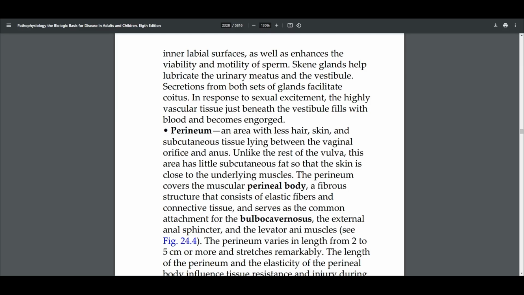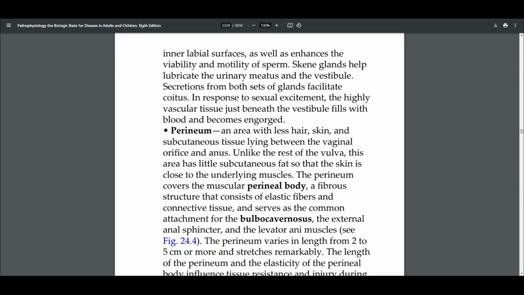The perineum, an area with less hair, skin, and subcutaneous tissue, lying between the vaginal orifice and anus. Unlike the rest of the vulva, this area has little subcutaneous fat, so that the skin is close to the underlying muscle.